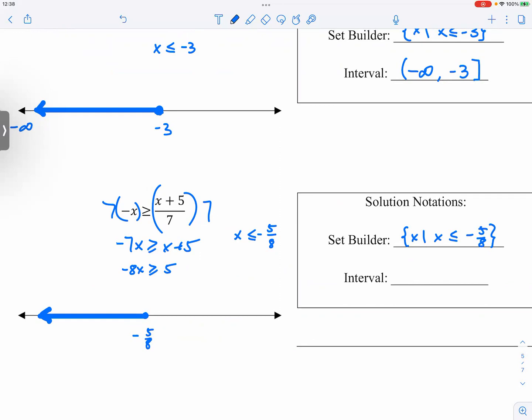That's really it. So what about the interval notation? We are going from where to where? From negative infinity to negative 5 over 8, correct? And since we are including negative 5 over 8, so we'll close it with a bracket.